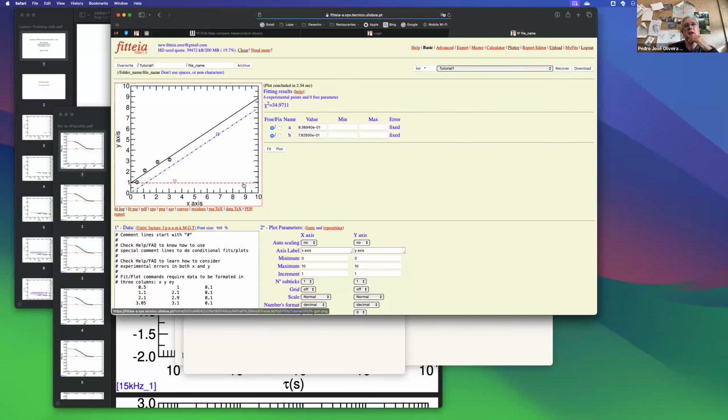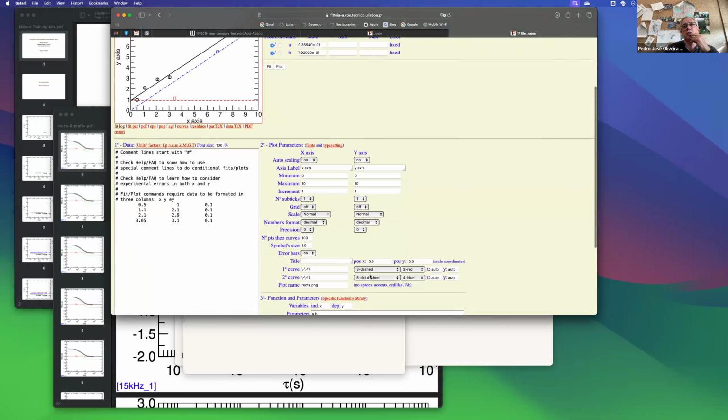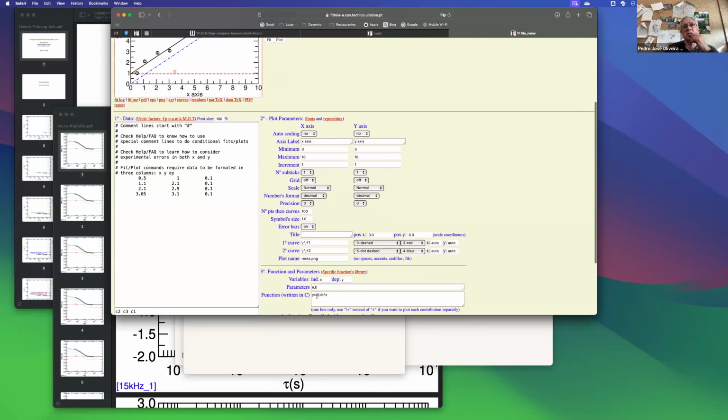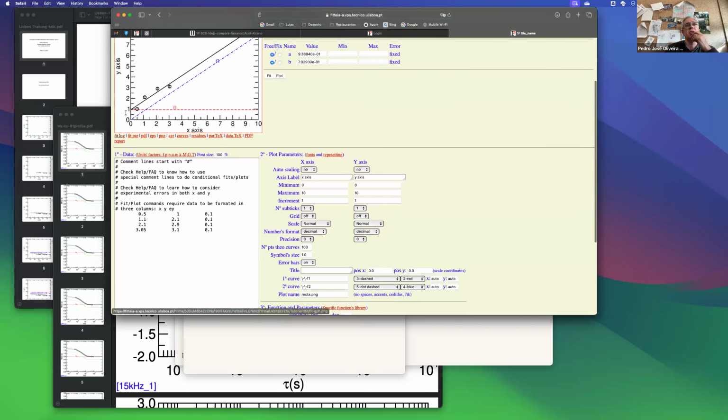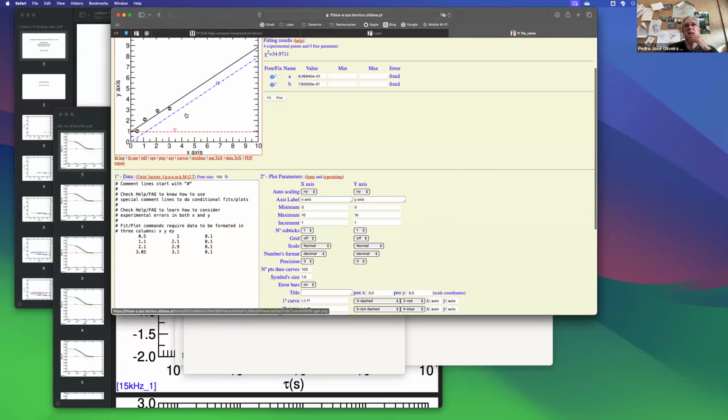What I get is that the black curve is the same as before. And now we are presented with two additional lines, the red and the blue, and they represent the two contributions of my function: the constant A, which is the horizontal line, and this straight line that runs through the origin. So I see the components of a straight line.